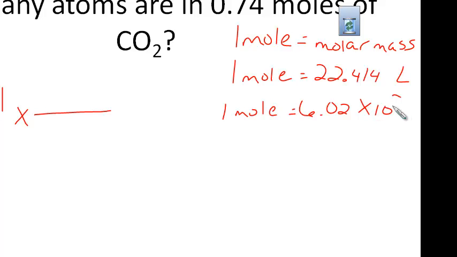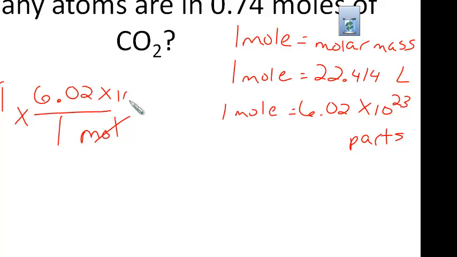Okay, so mole goes on the bottom to cancel. It's always going to be 1 mole, at least at this point in your chemistry life it will be. We're trying to find atoms. Now, atoms are the same as particles. So we're going to use that lovely number, 6.02 times 10 to the 23rd.